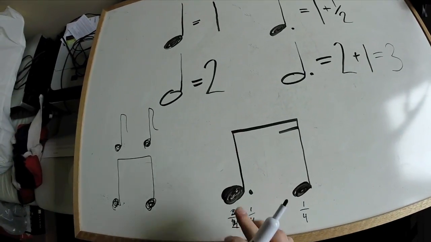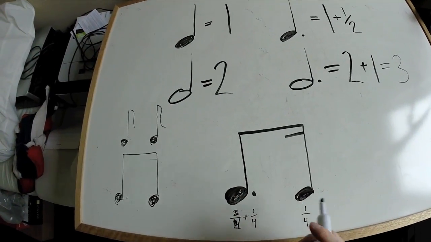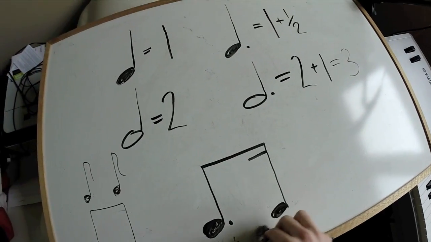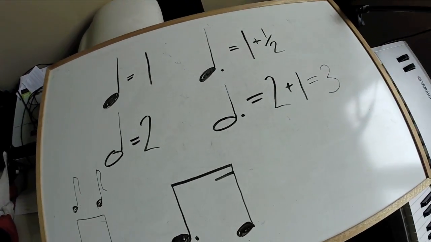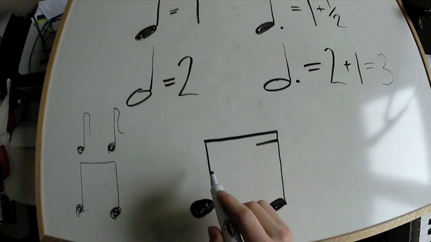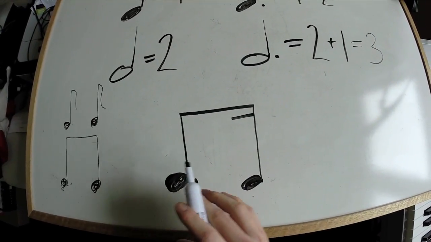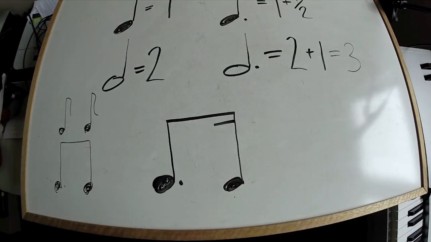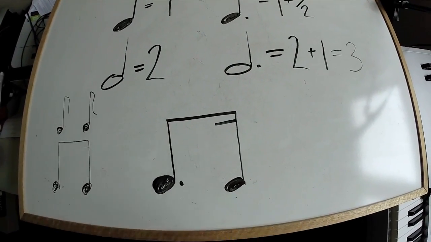So 3/4 for this one, and 1/4 for this one. It's starting to look like a lot of math, so let's just get rid of that and think this takes up 3/4 of the time, and this takes up 1/4 of the time. So 1, 2, 3, 4. That's how it works. 1, 2, 3, 4.